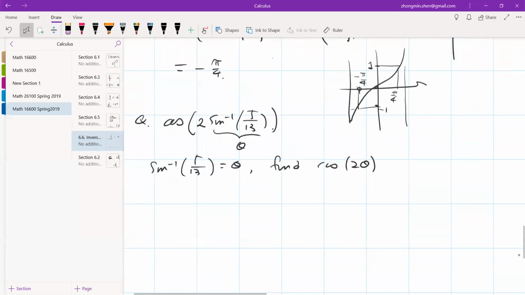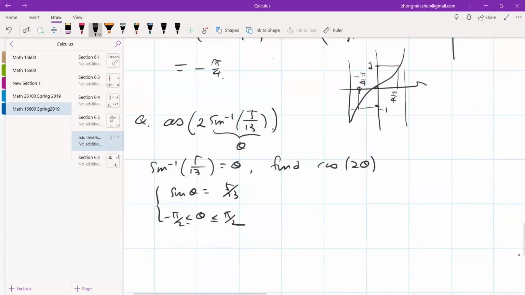Right. So I know two things. Sine theta equals 5 over 13. I know theta is between negative pi over 2 and positive pi over 2. But actually, clearly this theta must be between 0 and pi over 2, okay? That's fine. So how can I get cosine 2 theta?